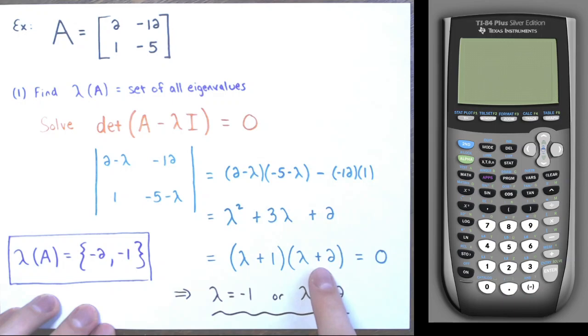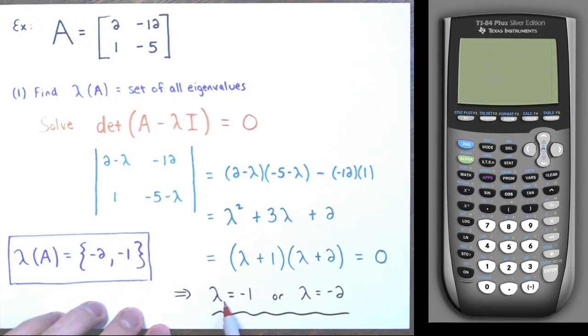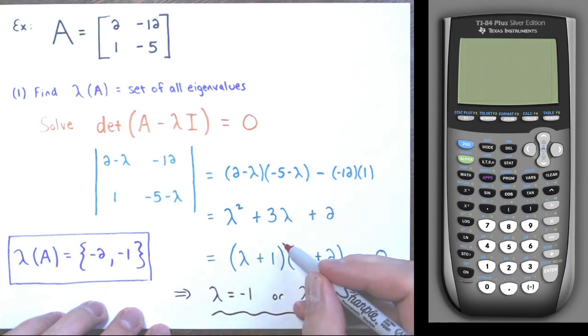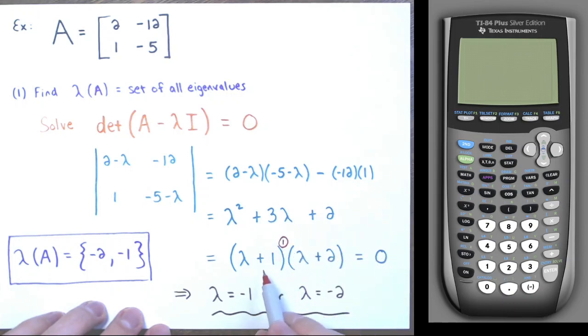If you look at the factors, look at lambda equals negative 1, and ask yourself, how many factors of the characteristic polynomial does this make equal 0? Well, only lambda plus 1. And notice it's lambda plus 1 to the first power. There's only one factor that negative 1, when plugged in for lambda, would make equal 0.